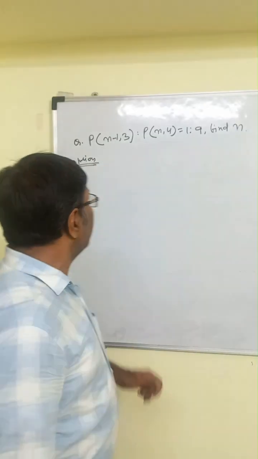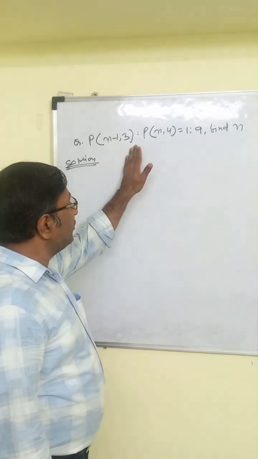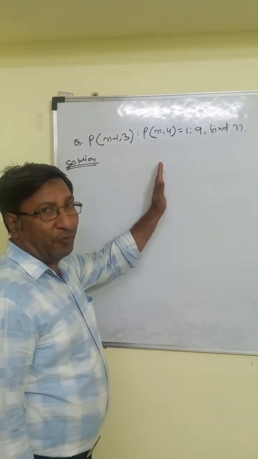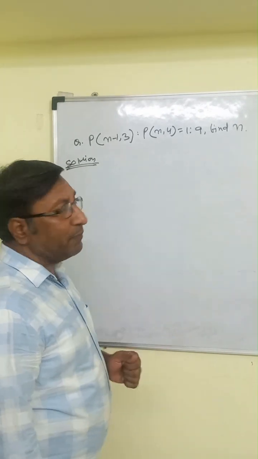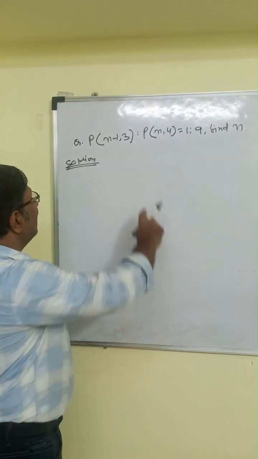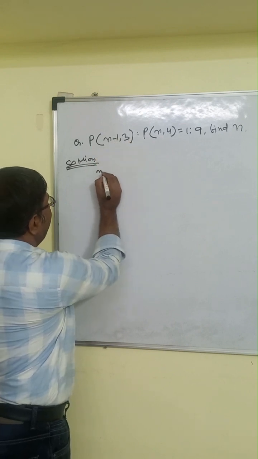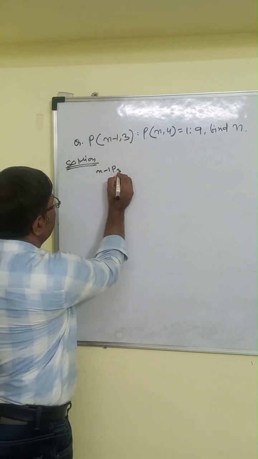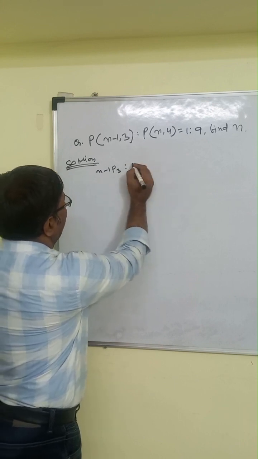Let us see the question. Permutation of n minus 1, 3 ratio permutation of n, 4 equal to 1 ratio 9. Then find n. So for this type of question, simple technique is what? Permutation of n minus 1, 3 means what? (n minus 1)P3. And this ratio permutation of n, 4 means what?